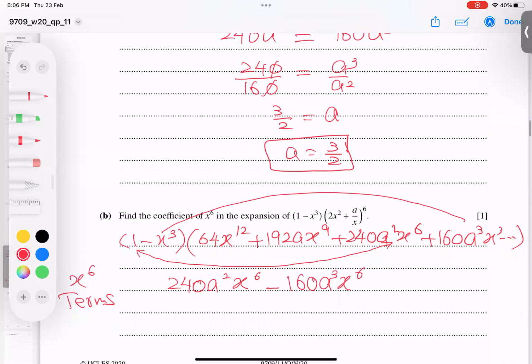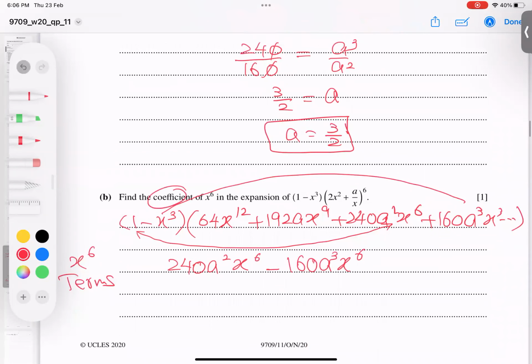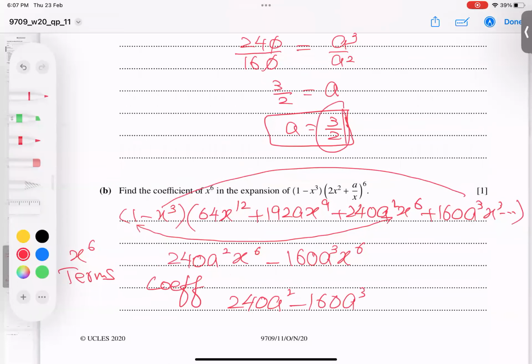Now, because he asked about the coefficient, leave every x, so leave x to power 6. So I will get 240 a to power 2 minus 160 a to power 3. I will simply plug in the value 3 by 2 and type it in my calculator.